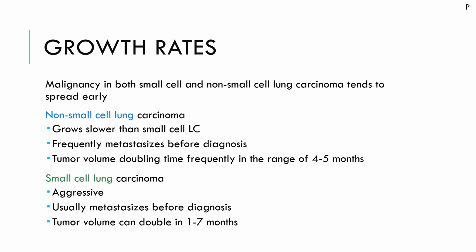The tumor volume doubling time is on the range of 4 to 5 months. That can, again, vary quite widely, but that's just a sort of a working average. Small cell lung carcinomas are quite aggressive, and they, again, metastasize before diagnosis. Their tumor volume doubling time can be as short as 1 month, although, again, that average varies widely. But they're aggressive tumors. Next.